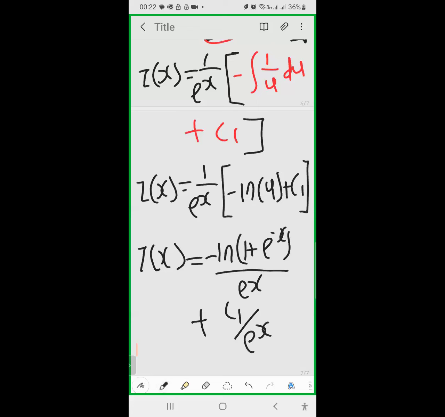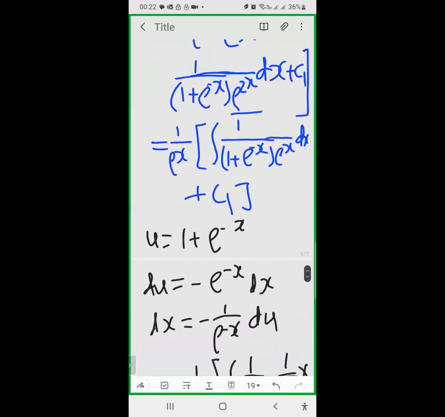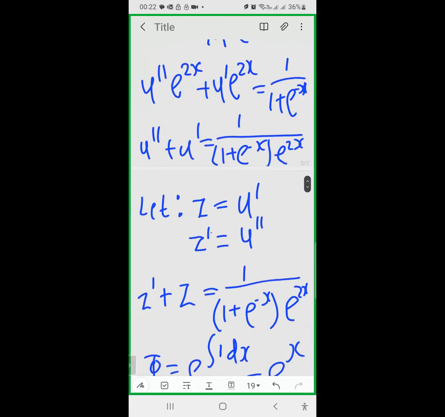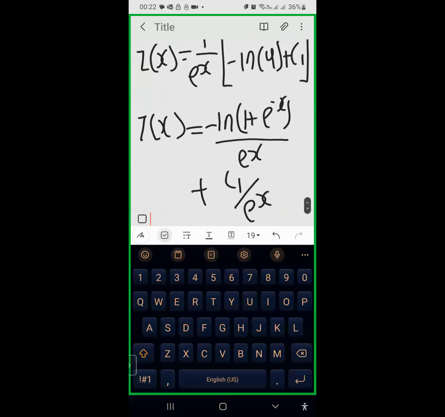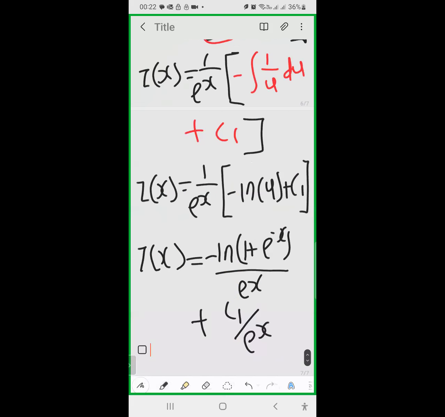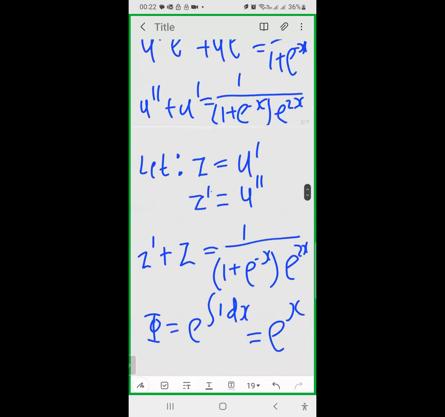So remember, previously, in order to reduce this equation to a first order, we did let z be equal to u prime.